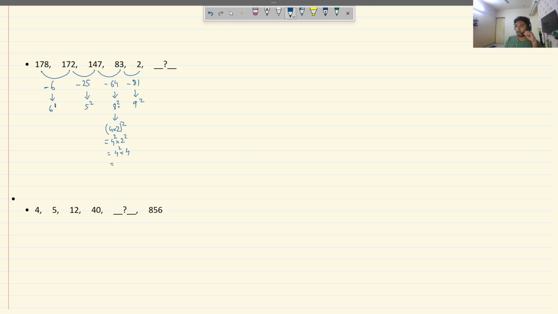So we can write 8 square as 4 cube and 9 square as 3 square to the power square, so we can write it as 3 to the power 4.